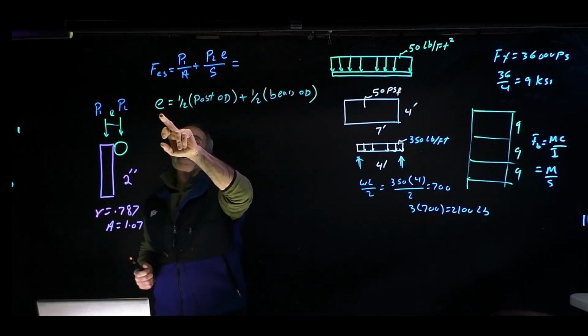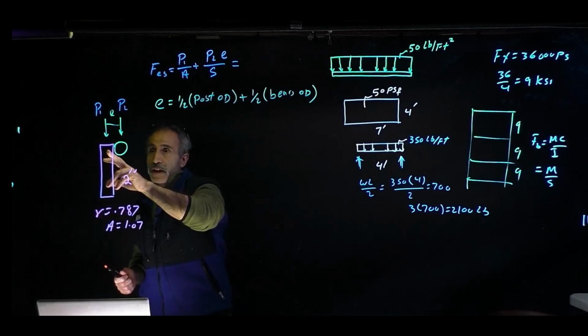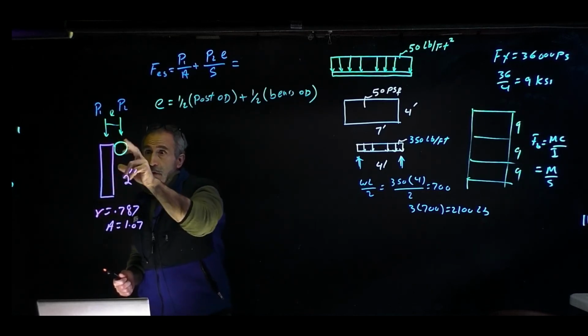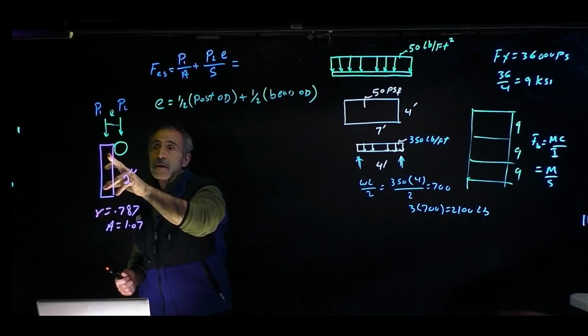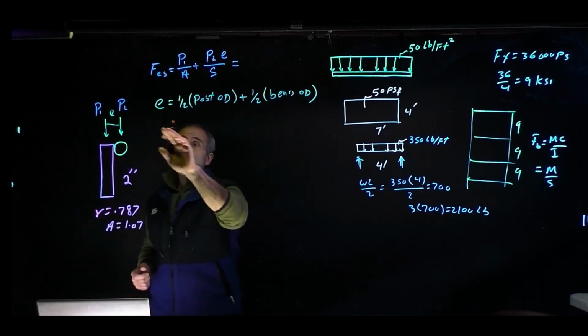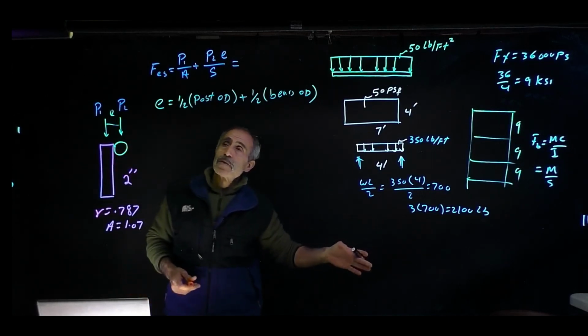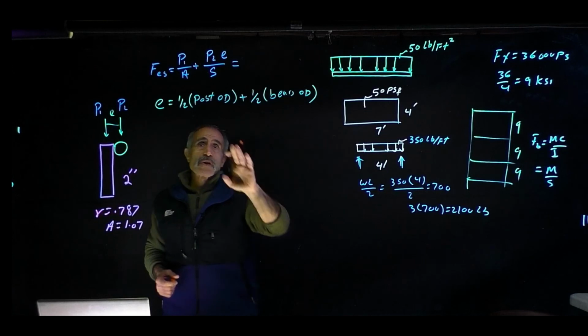So we're going to calculate this distance, which is half of the outside diameter. From here to here basically is half of the outside diameter of the post plus half of the outside diameter of the bearer. That's the post, that's the bearer. And we said this was a 2-inch and this was 2.5 inch. So going back to table 114, we can get all the dimensions.